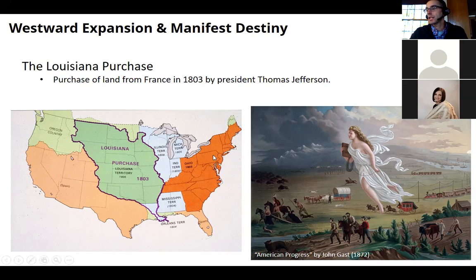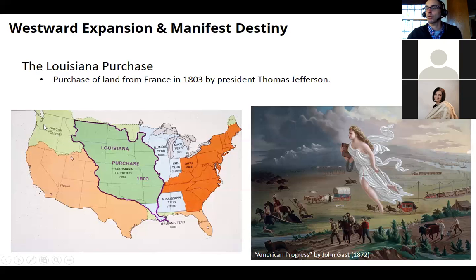The original 13 colonies and the states, America in 1803, is here in orange. The gray or blue is territories that were part of America but not yet states. We have Indiana, Michigan, Illinois, Mississippi. And then they bought, I forget how many millions of acres of land. They basically doubled the size of the United States.